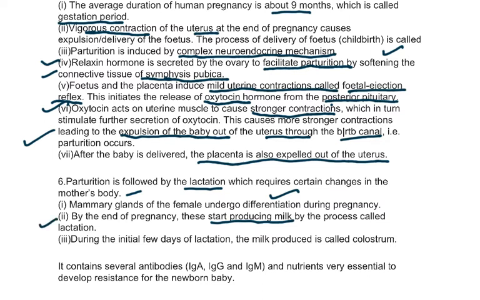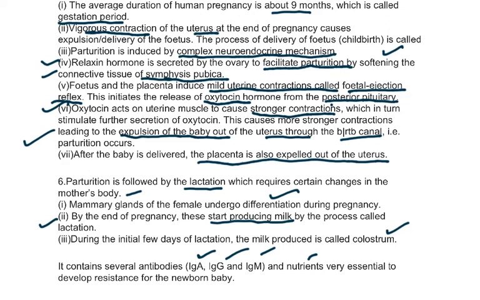The first milk produced is very viscous and rich in fats, and contains immunoglobulins to provide antibodies to the newborn, and is rich in other nutrients, so that the newborn baby gets passive immunity against a number of diseases and nutrients for growth. That first milk is called colostrum, which is thick and viscous because it is rich in fat to provide more energy to the newborn baby.